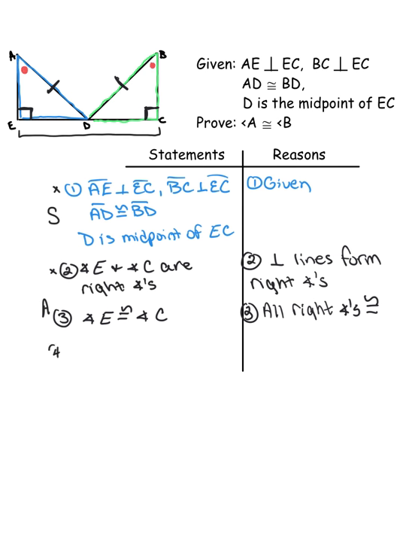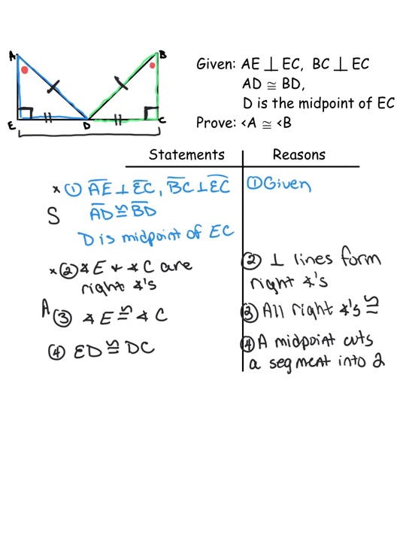Hopefully you remember that a midpoint cuts a segment into 2 congruent pieces, so ED is congruent to DC, and the reason a midpoint cuts a segment into 2 congruent pieces. That gives me a side.